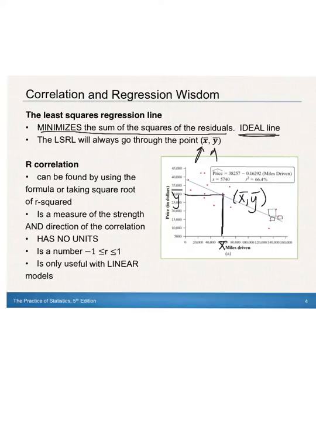When we decide that there is a linear association, we know that we can talk about how strong it is and the direction of that association by looking at the R correlation. The calculator will do that for you.